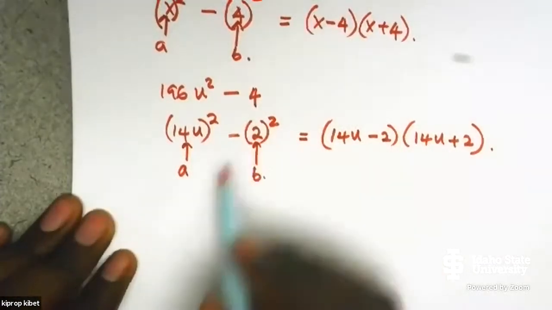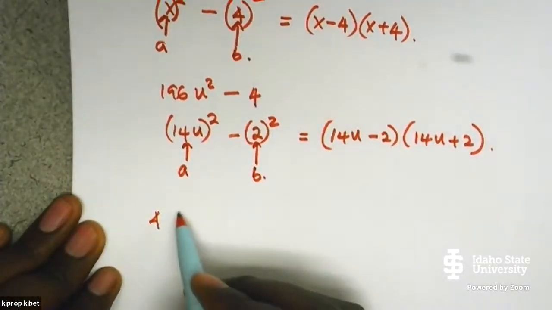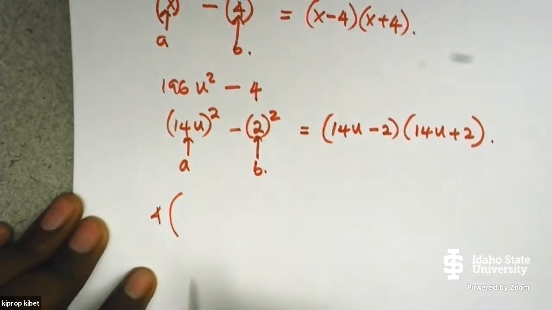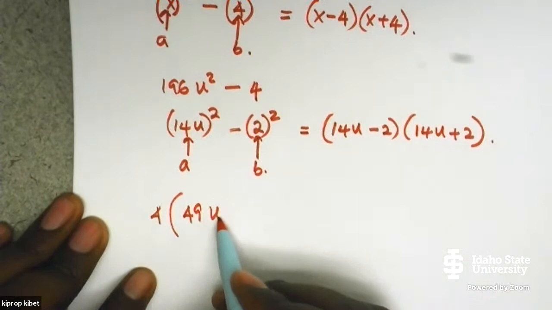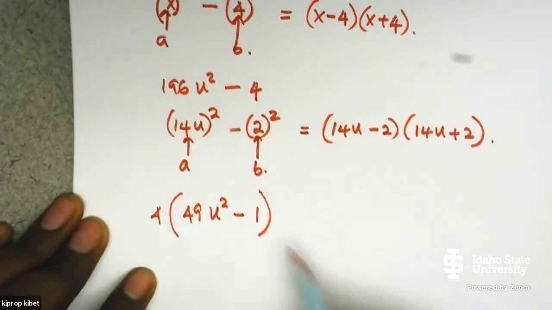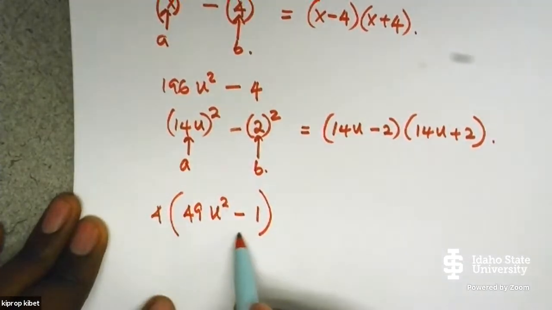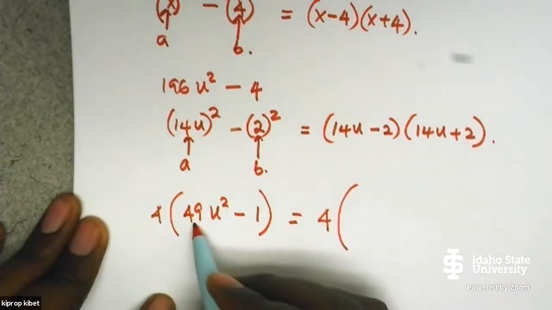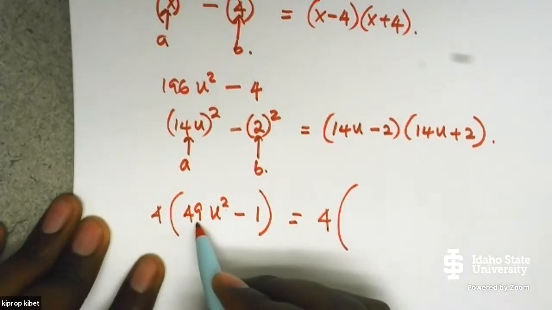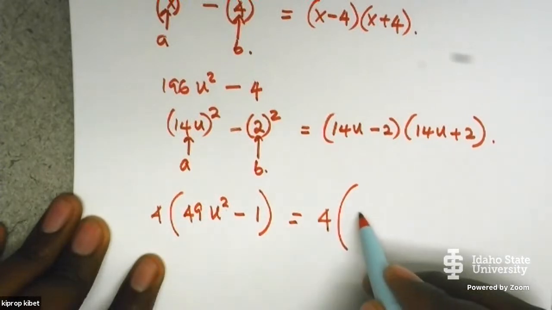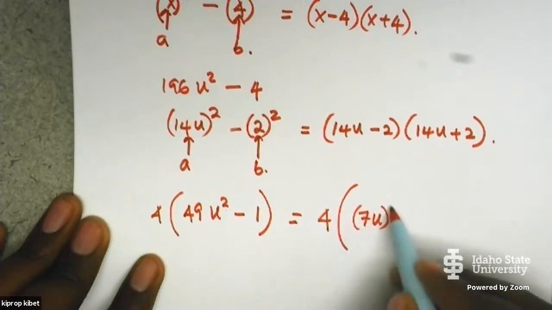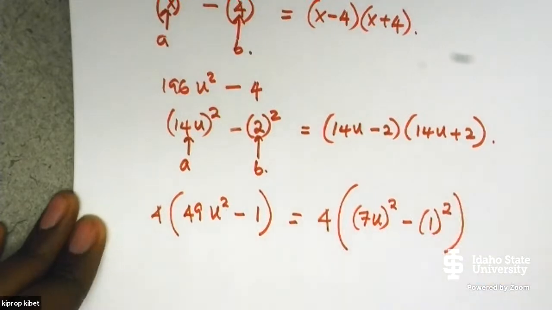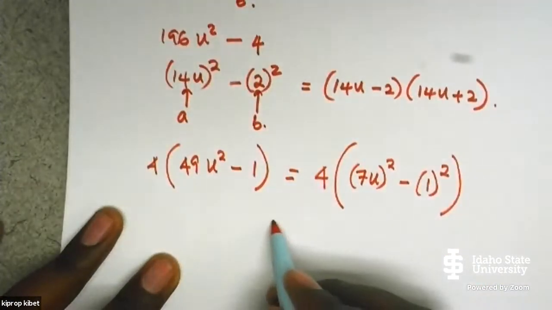When you factor out 4, 196 divided by 4 is 49, so you have 4 times 49u squared minus 1. Then you can factor what is inside. The square root of 49 is 7, so 7u squared minus 1 squared, and that gives 4 times 7u minus 1 times 7u plus 1.